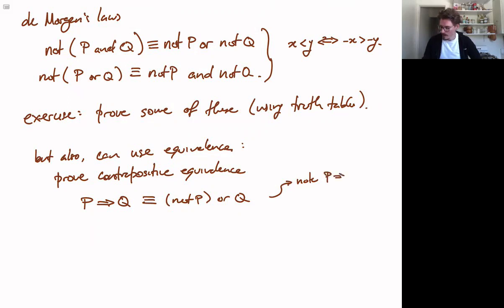The point is that this is only false when P is true and Q is false. So if P is not true, we saw that it's always true in that case. And if Q is true, we saw that it's also true in that case. So this is just a concrete way of writing down an implication in terms of these other logical operators.